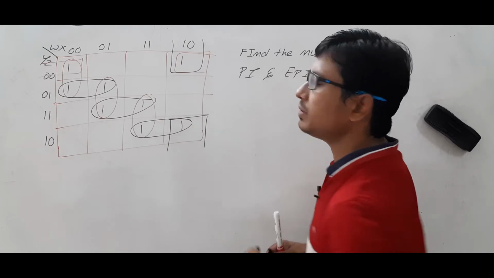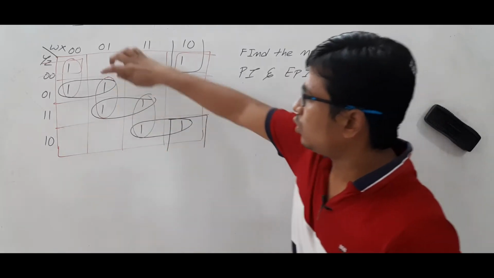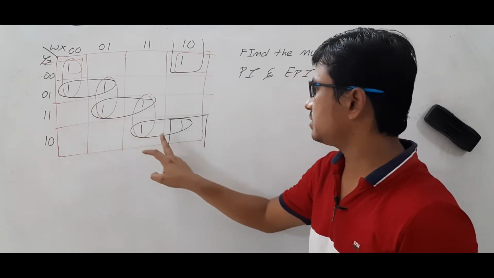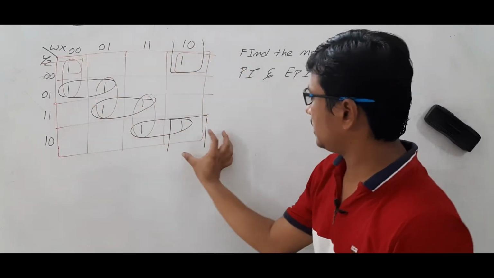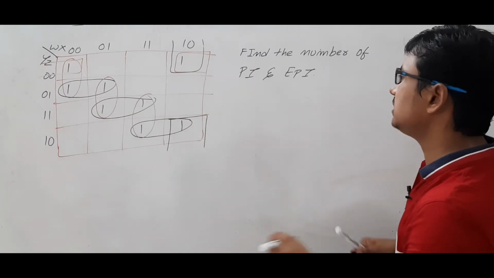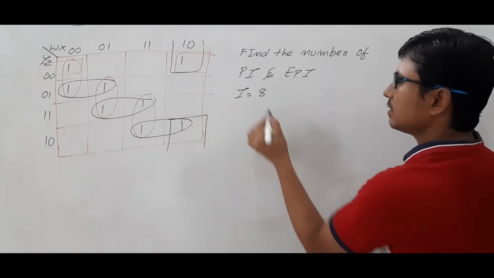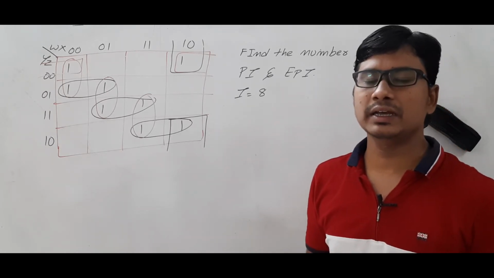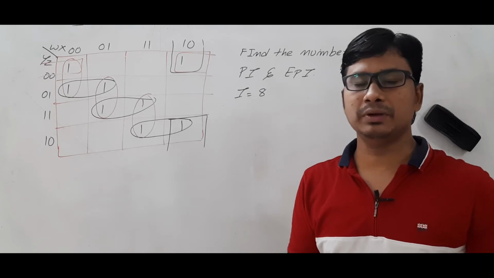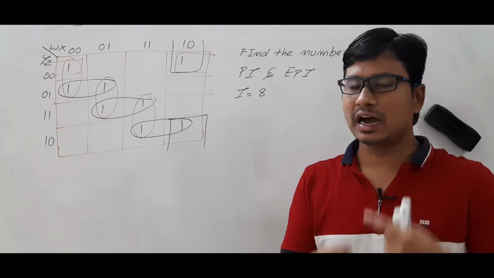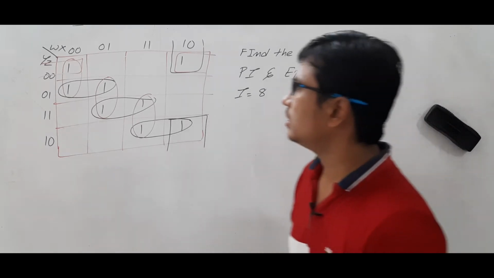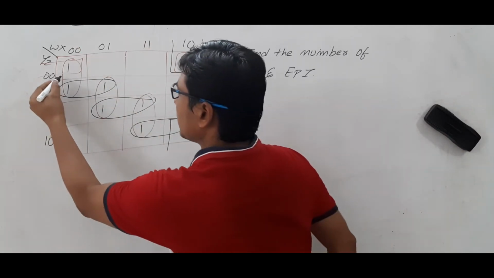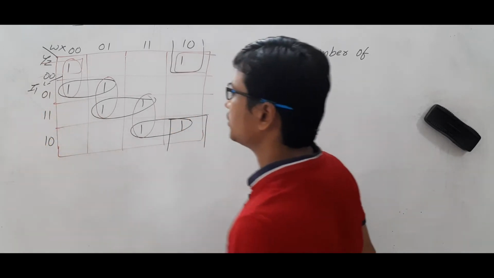So totally how many implicants did we get? First 1, 2, 3, 4, 5, 6, 7 and then 8. So we got 8 implicants. Now, as they are asking the number of prime implicants, what is a prime implicant? An implicant can be called a prime implicant if it is not a subset of other implicants. Am I right or wrong? Now let me define them as I1 so that it will be easy for you to understand.